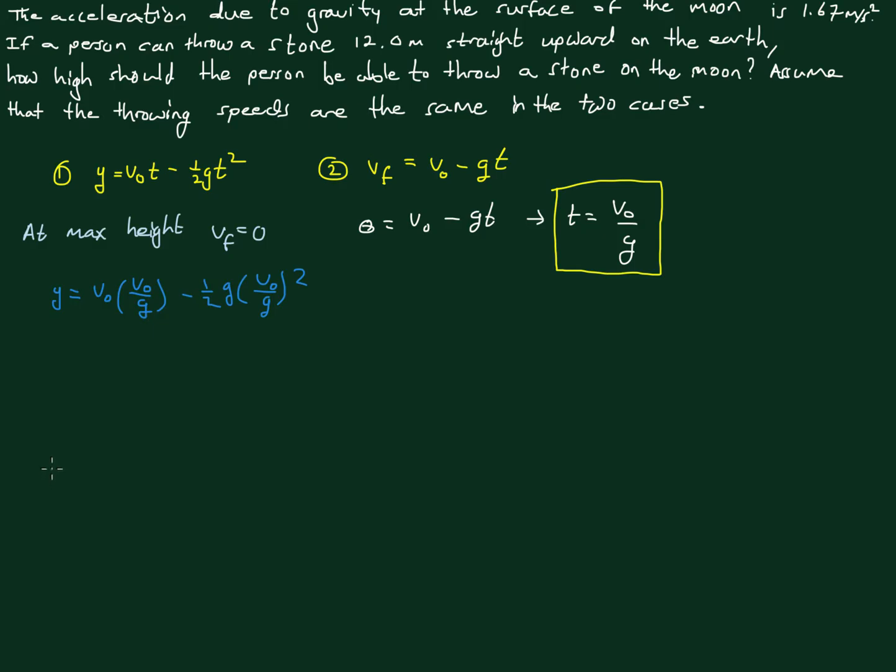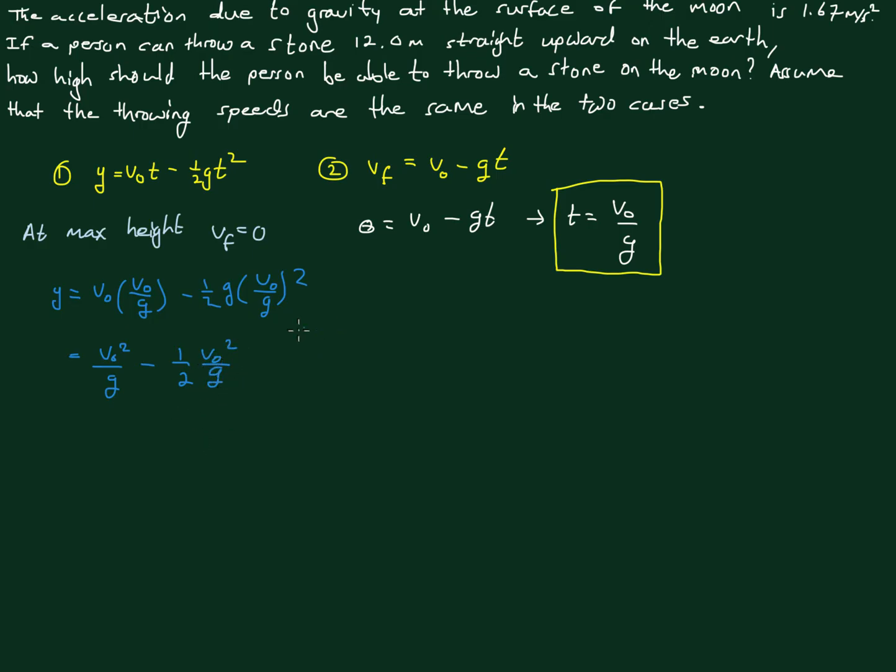Okay? If I distribute the v0 in here, I find that this is going to be v0 squared divided by g minus 1/2. Now here you're going to have a g squared in the denominator. So g cancels out with one of the g's in the denominator and gives you a v0 squared over g.